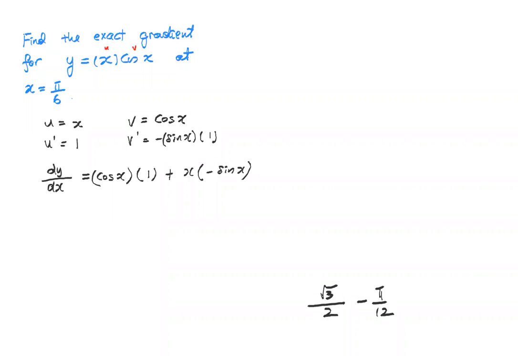Now I substitute: cos pi by 6 plus pi by 6 times negative sin pi by 6. So cos pi by 6 is √3/2. Take away pi by 6 times sin pi by 6, and sin pi by 6 is half. So you get your final answer.